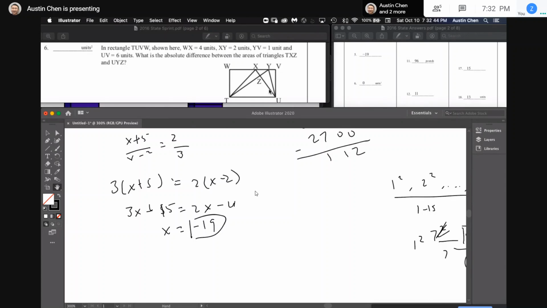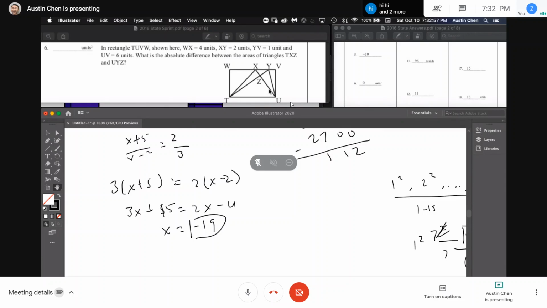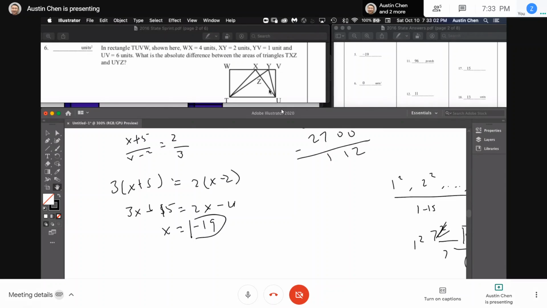So the absolute difference. If you look at it, the triangles TXU and TYU have the same area, right?